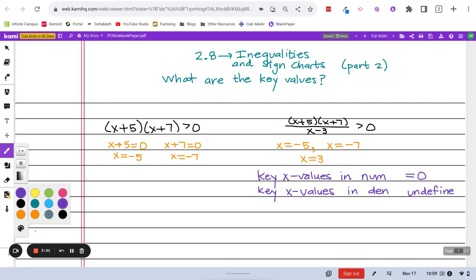So we need all of them, but they have different roles and responsibilities. When we are identifying key values, we need to be aware of the fact that they all matter, but they mean different things.